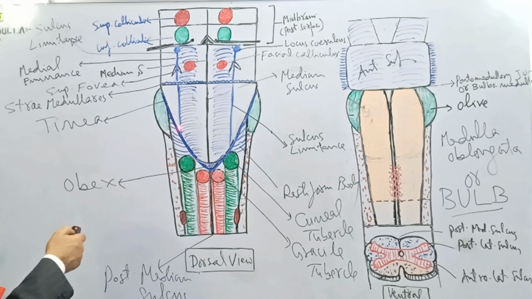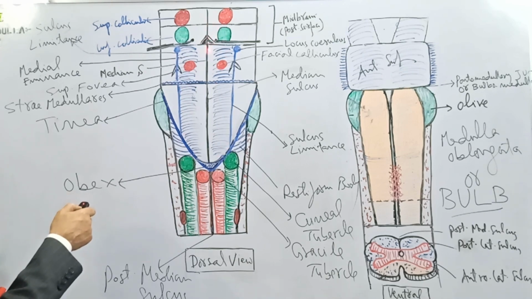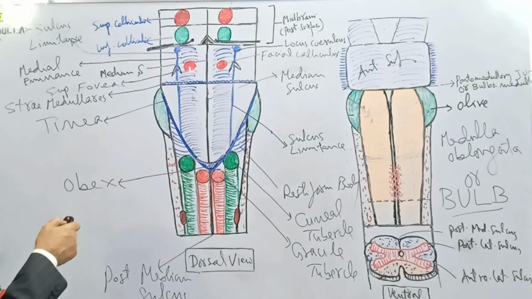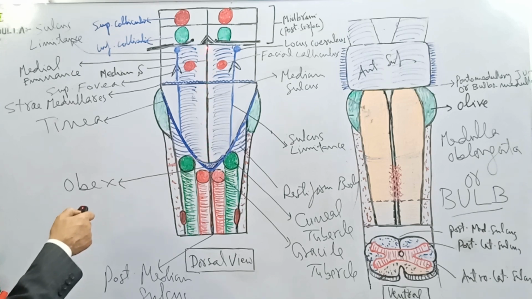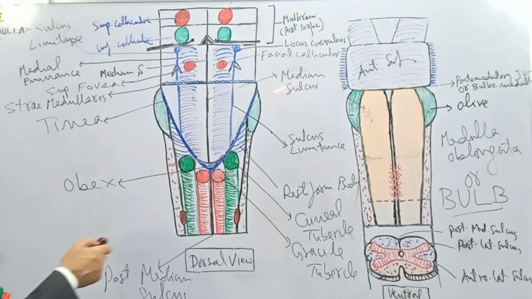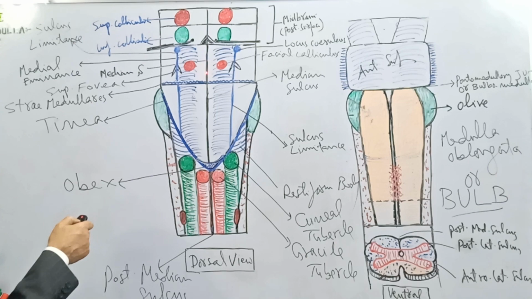Both these sulci, right and left, limit the lateral extent of the medial eminence on each side. And in the middle, both medial eminences are separated from each other by a sulcus in the median plane known as the median sulcus, which continues from the pons into the open part of the medulla oblongata.